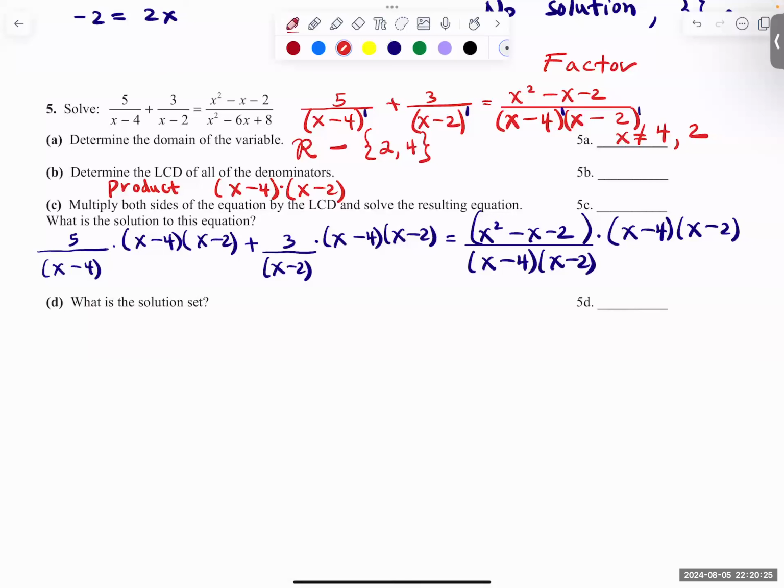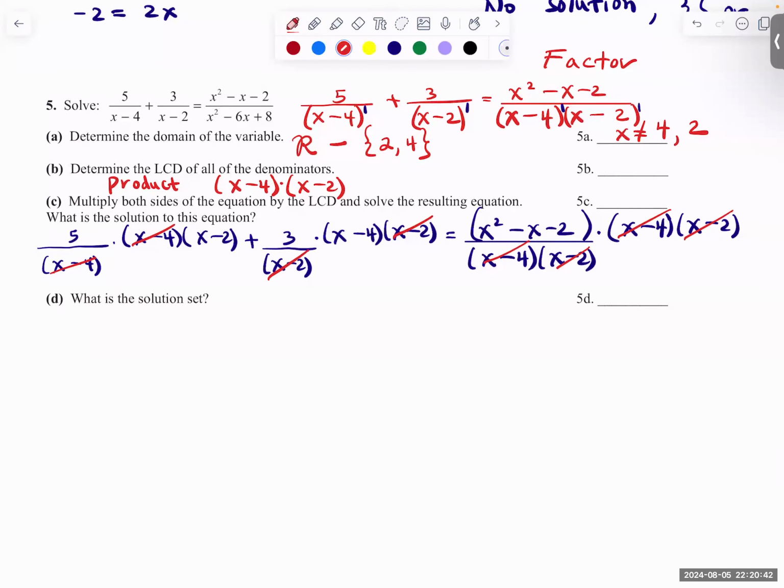So next step is to divide and cancel. X minus 4 divided by x minus 4 is 1. X minus 2 divided by itself is 1. And then on the right side, both pairs of binomials divide and cancel out. So let's rewrite it. We have 5 times x minus 2 plus 3 times x minus 4 equals this quadratic expression.